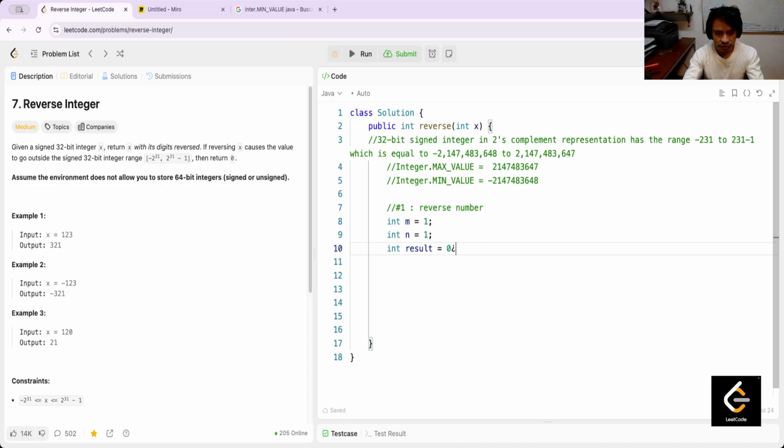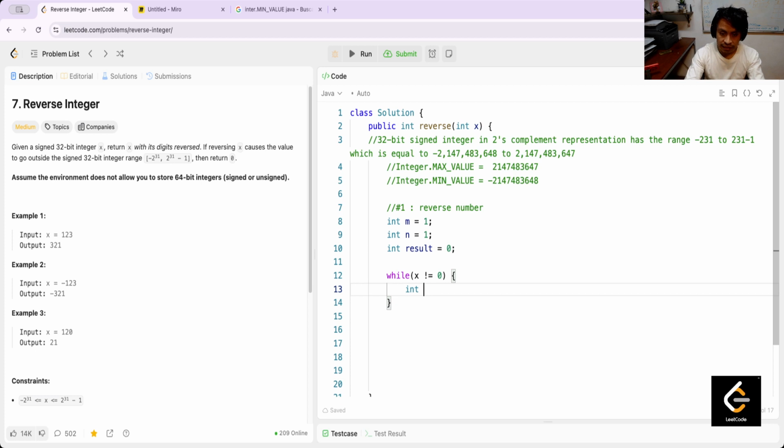And I need a while loop, and here basically it runs while x is different than 0. Apply the operation. What is the operation?